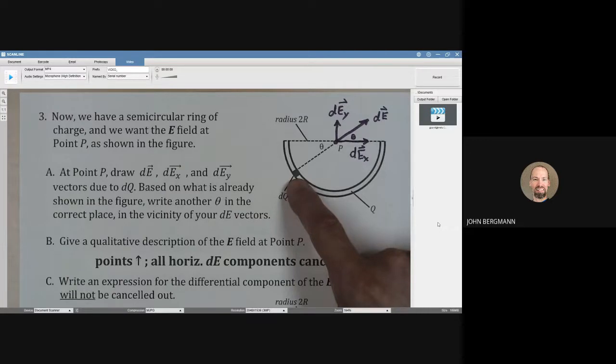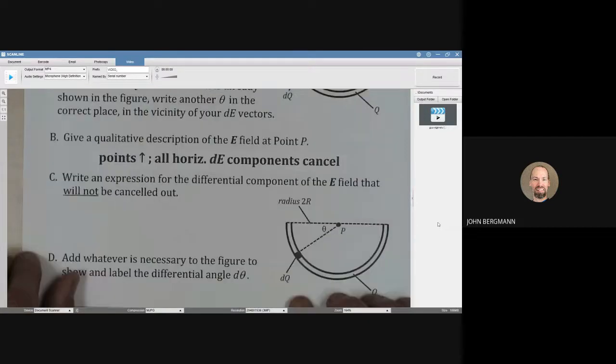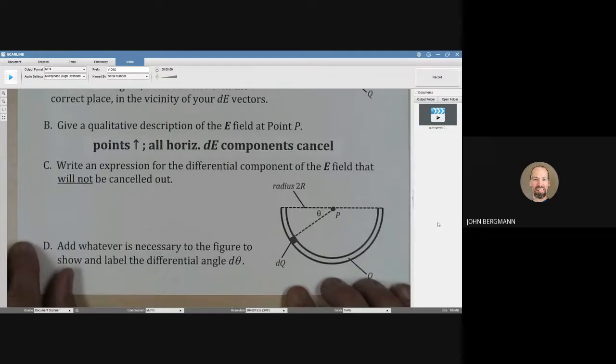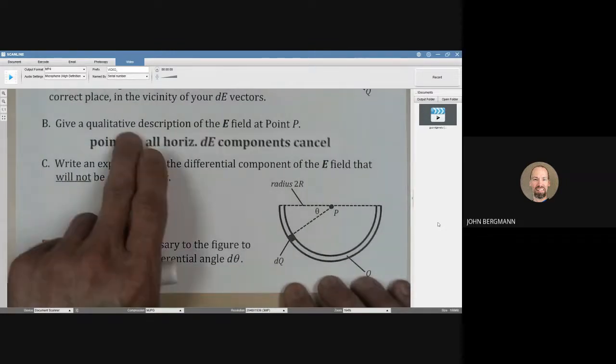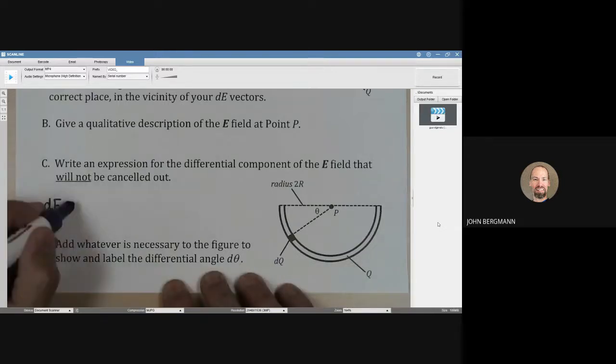So all the x components cancel, and we only have a net dEy from each of the little dq's around this semicircle. Let's write an expression for the differential component of the electric field that will not be canceled out. In other words, dEy. What is that?